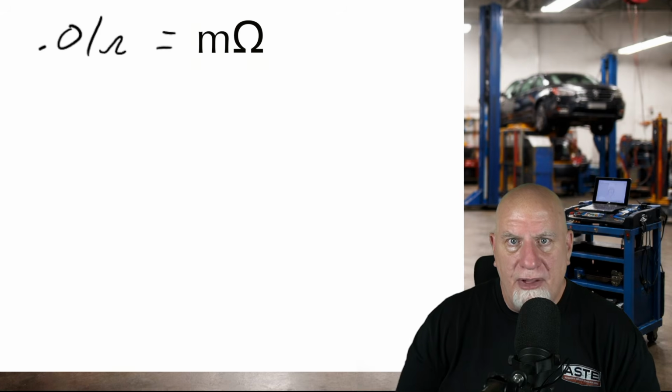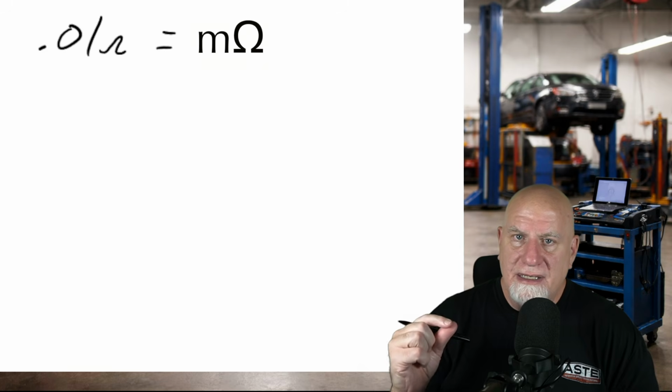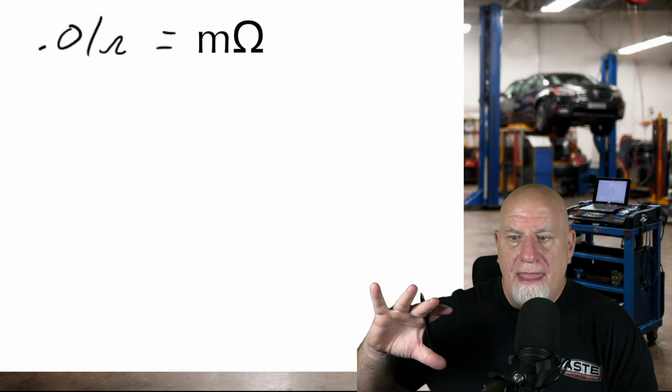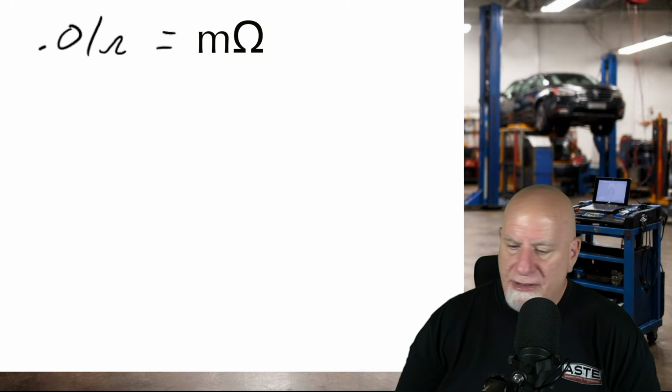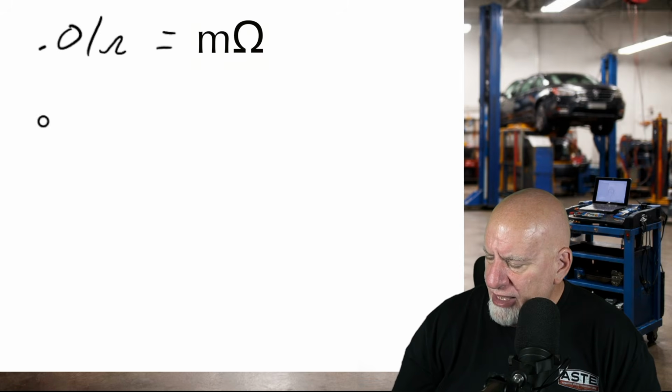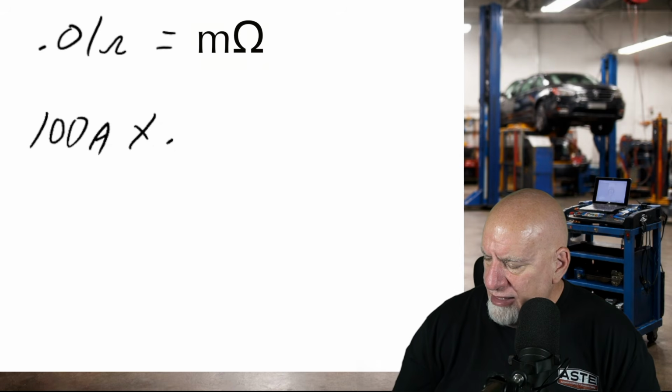concepts that are really going to blow your mind when it comes to high voltage circuits, and how just a small resistance, when we have high amperage, affects the circuit. So let's say that we have a 100 amp circuit and it has 10 milliohms of resistance in it.